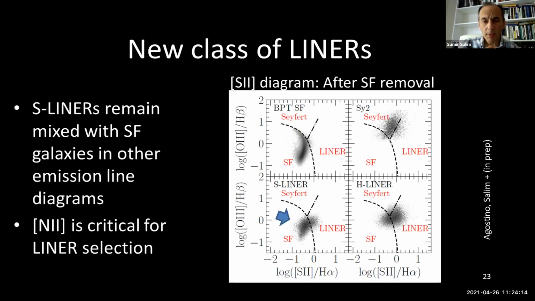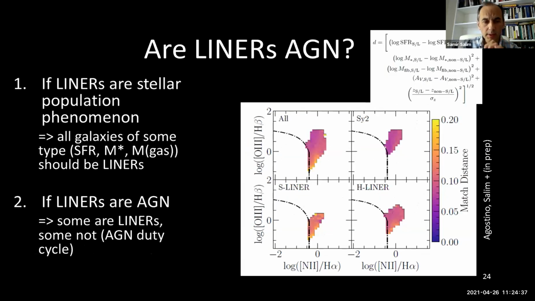The point I want to make is that this new class of LINERs would not be identifiable using the classic diagrams that use sulfur, because even when we take out the star formation contribution, they would overlap with the pure star forming galaxies. So this tells us that nitrogen 2 is critical for identifying LINERs in general.